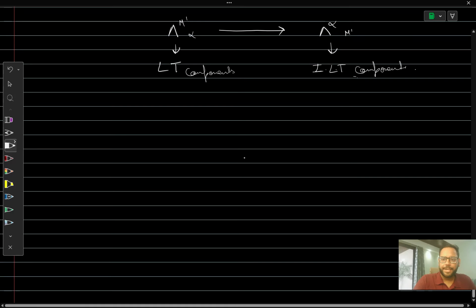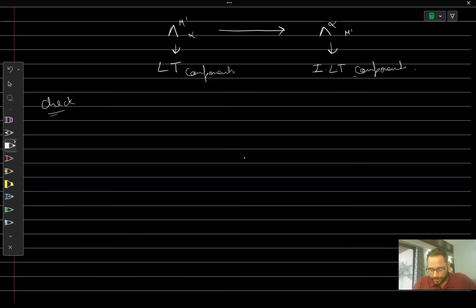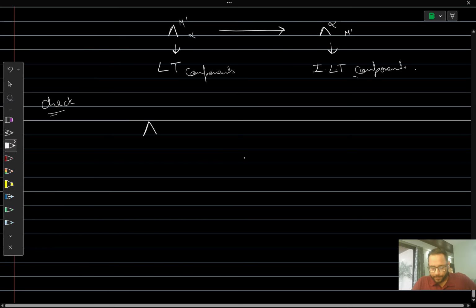How can we check it? Yes, we can check it. We can check it with another notation. Let's write it like this.